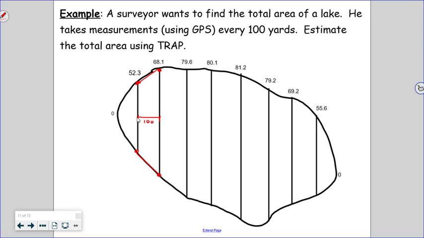Height over 2. Our height is 100 over 2. Our first GPS distance, and that's what's, again, a little bit weird about this one, is 0. Okay? And so the 0 is just in there one time. Every other base or measurement will be used twice until we get to the very last measurement, which will, again, only be used one time in there.